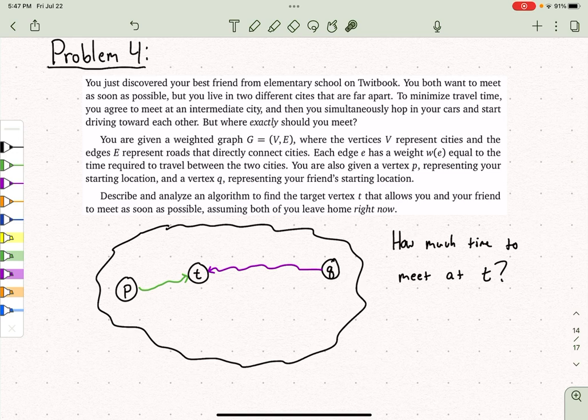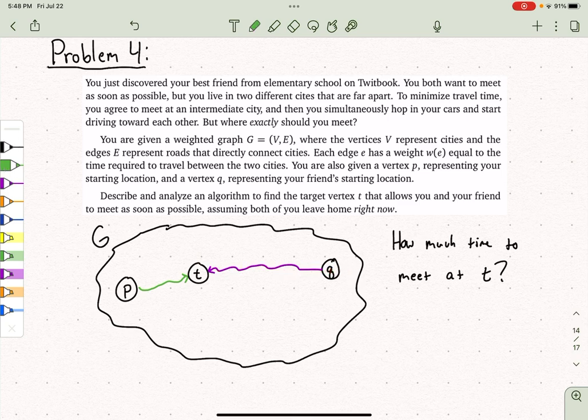So if we draw this, we have our graph G here, and we have P and Q, and then we have, say, some possible T. So the question is, at what time exactly will you two meet at T? Well, in particular, you're closer to T, so it's going to take you some amount of time, and maybe you're waiting there at T while your friend's still traveling.